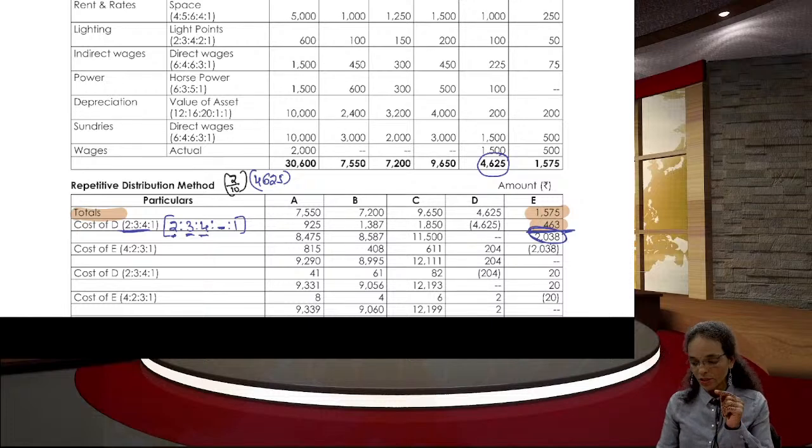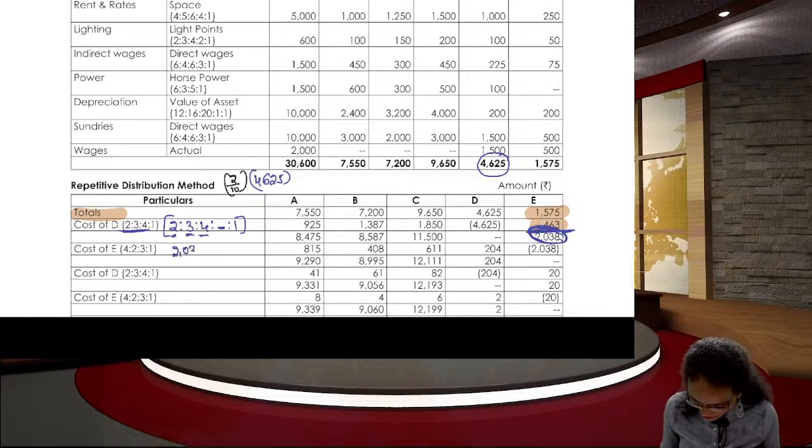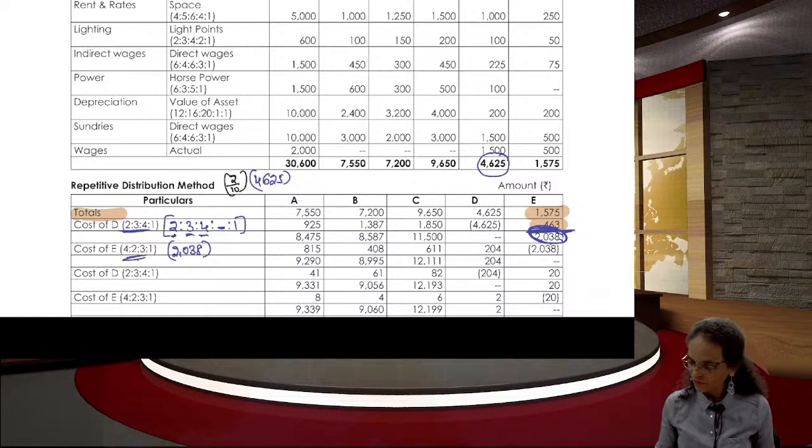Now you distribute 2,038 in this ratio. 4 plus 2 plus 3 plus 1 is 10. 4 divided by 10 into 2,038, that is 815.